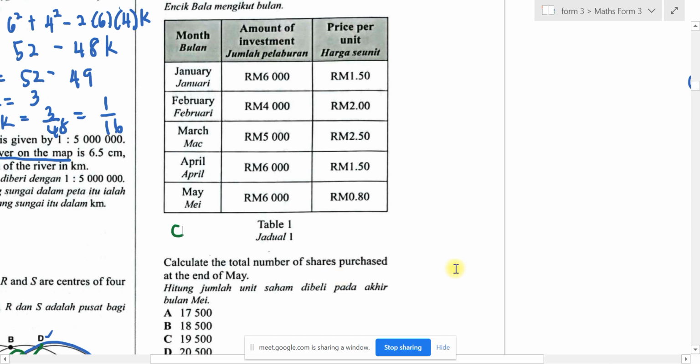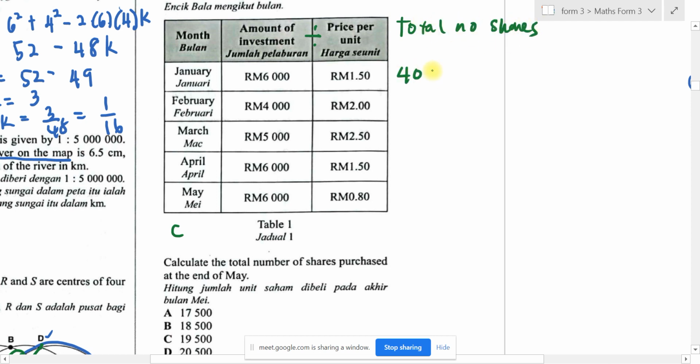So you just take your 6,000 divided by 1.5. I think you should be getting 400 or 4,000, I'm not so sure. Wait, 6,000 divided by 150. Just take the amount of investment, divide by the price per share, and you get the total number of shares.